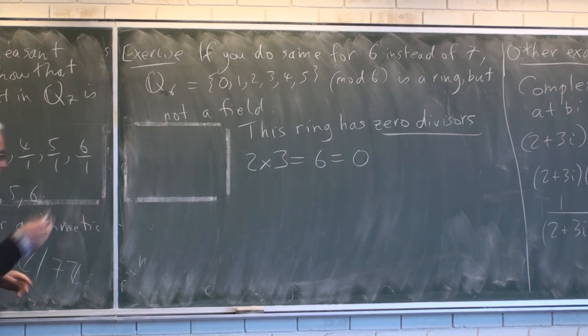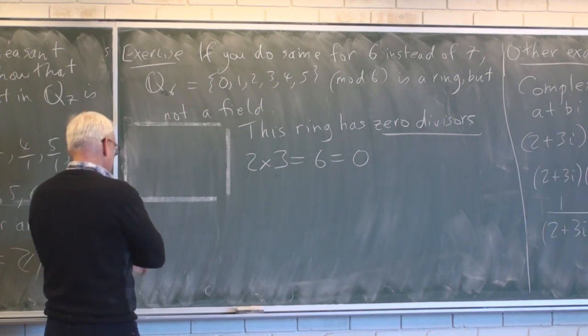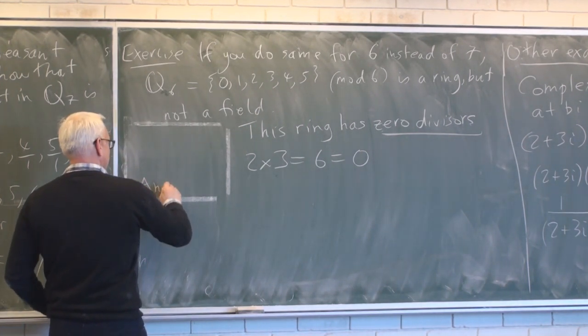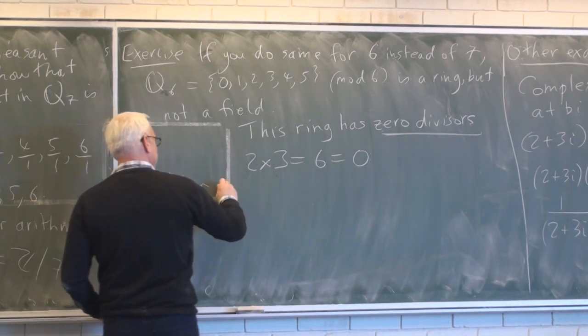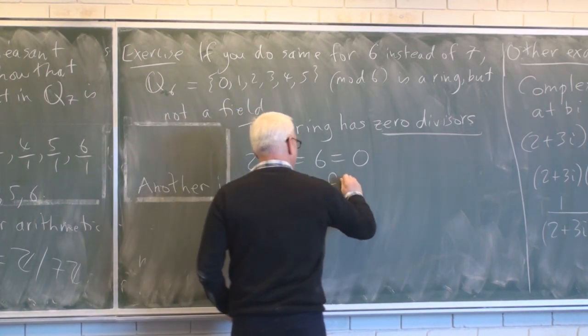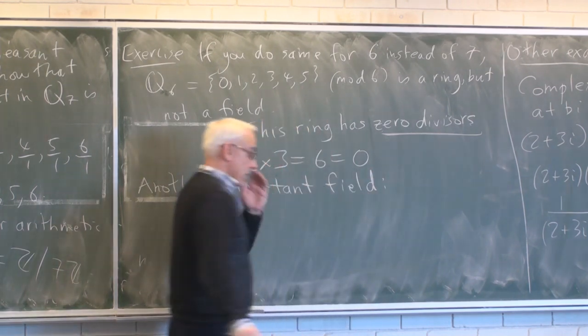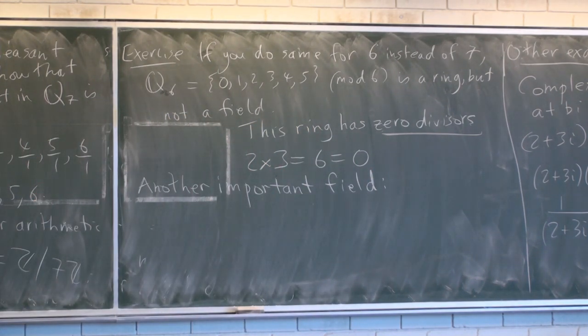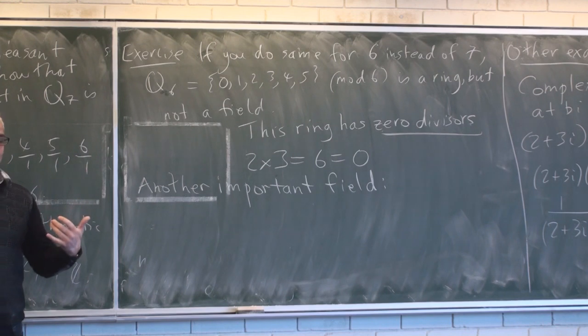All right, what is another important example of a field? It is the field that you get when you want to extend the rational numbers, say, to include a square root of 2.